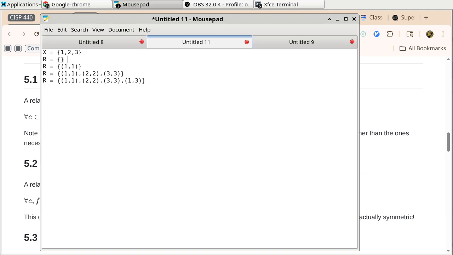So we'll look at each one and ask whether it's reflexive or not. This one is not reflexive because we can see how 1 does not relate to 1, 2 does not relate to 2, and 3 does not relate to 3. This one is also not reflexive because even though 1 relates to 1, 2 does not relate to 2, and 3 does not relate to 3.